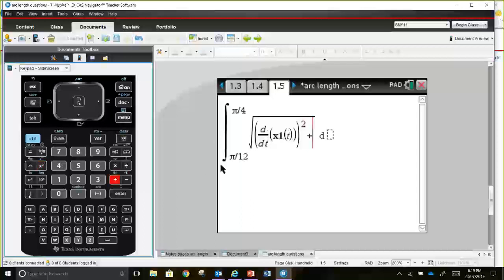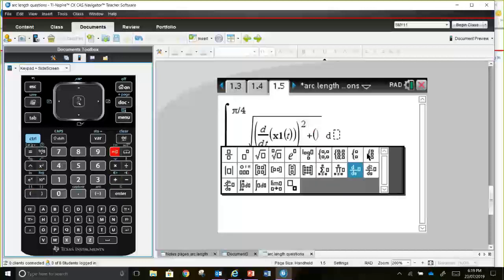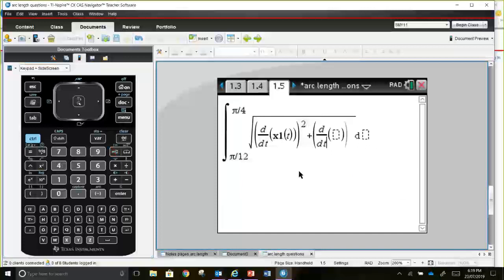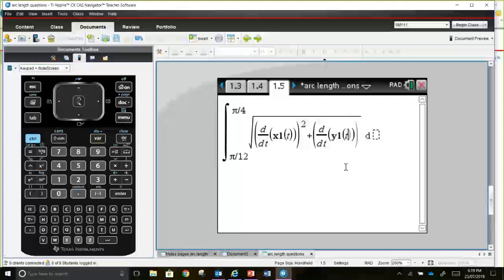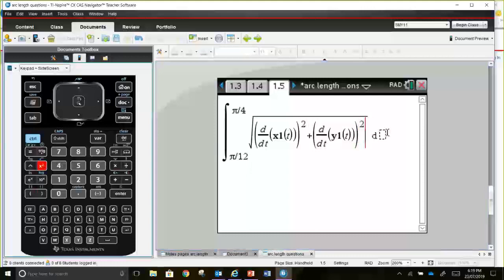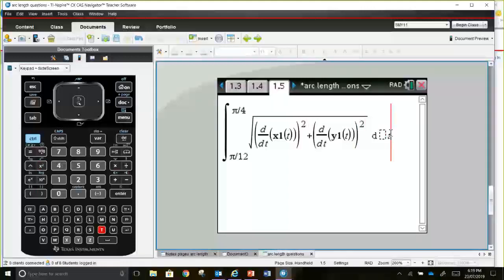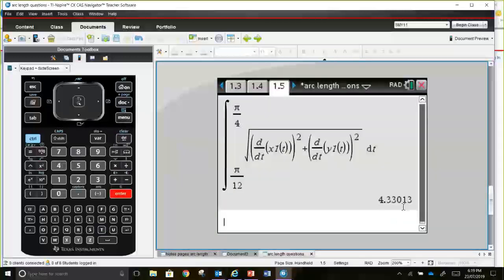Plus, and repeat that for dy. Again use the template, with respect to t. Our y1(t) is there, and again we close the bracket and square, with respect to t. And then we get the length of arc as 4.33 to 2 decimal places.